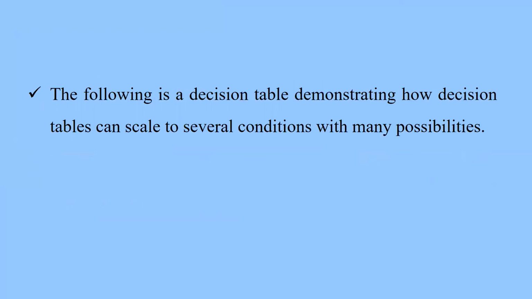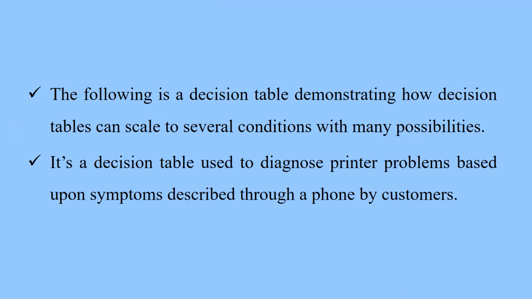The following is therefore a decision table demonstrating how decision tables can scale to several conditions with many possibilities. The example that I'm going to show you, my dear students, is a decision table that is used to diagnose printer problems based upon symptoms described through a phone by customers.